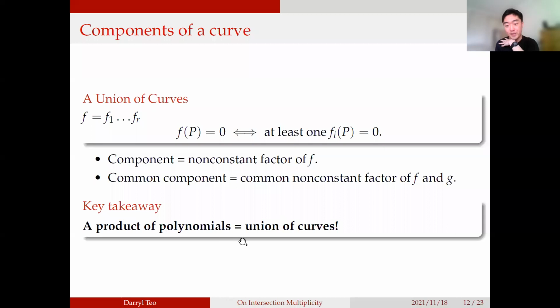But the key point basically is that a product of polynomials corresponds to a union of curves and vice versa. To make this easier on ourselves, we will use the terminology that a component is the curve generated by a non-constant factor of F, and a common component is the curve generated by a common non-constant factor of F and G.